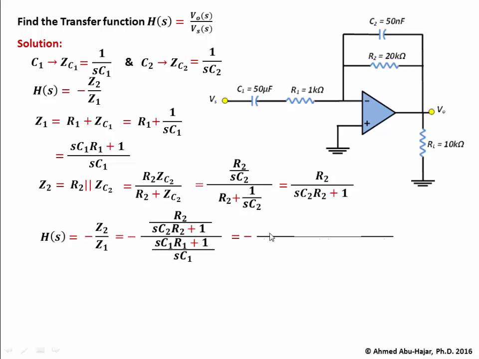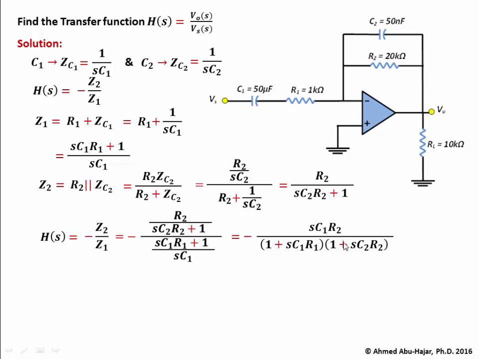So this will equal minus SC1 times R2. And I'm going to bring the denominator of the top part to the bottom. So what I will end up having is 1 plus SC1 times R1 multiplied by 1 plus SC2 R2, which is the denominator of the top part.